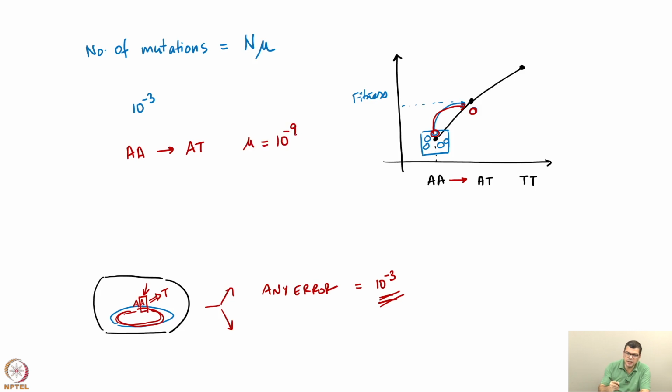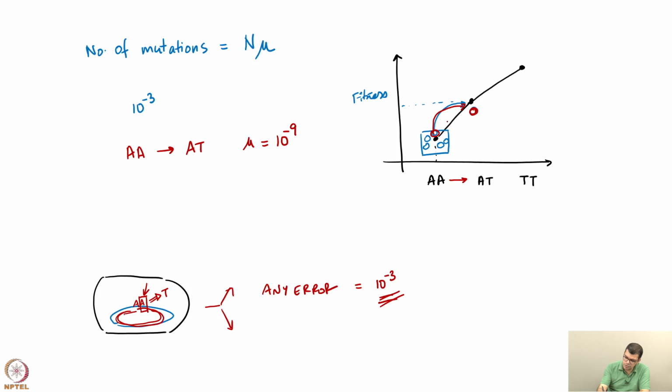That means only in 1 billion cell divisions there will be one individual who has a change from AA to AT. So, that is a very fortuitous event to have happened.